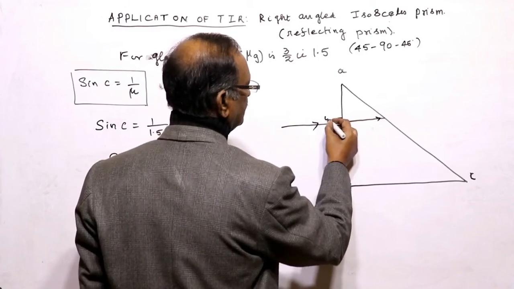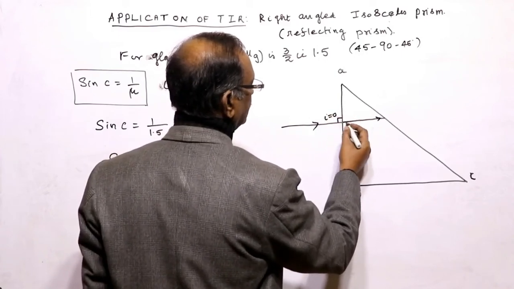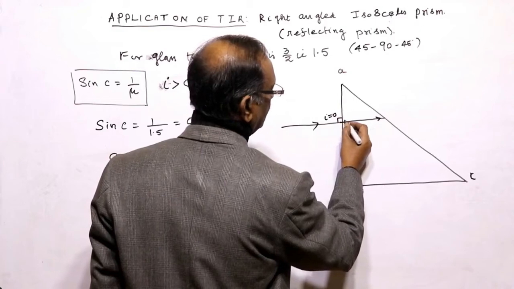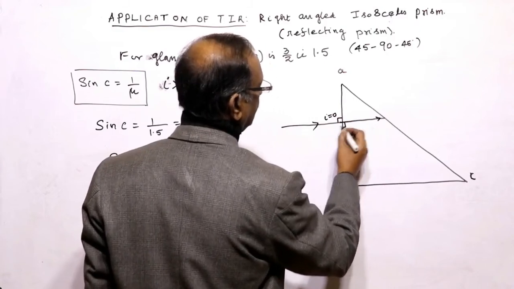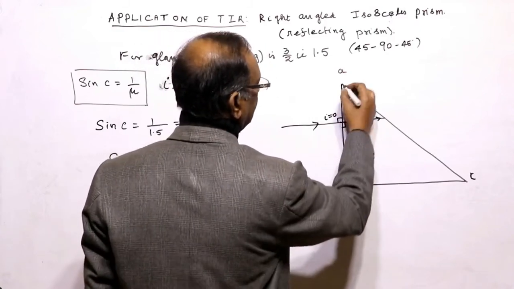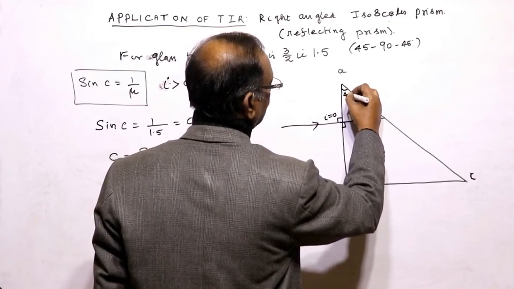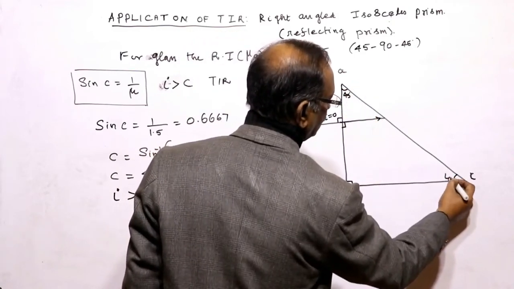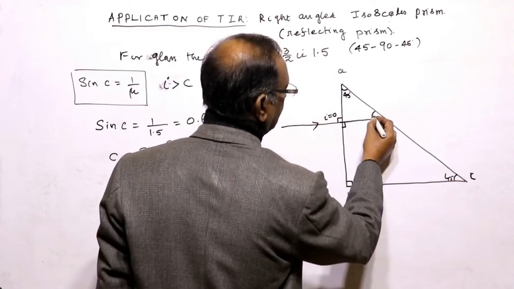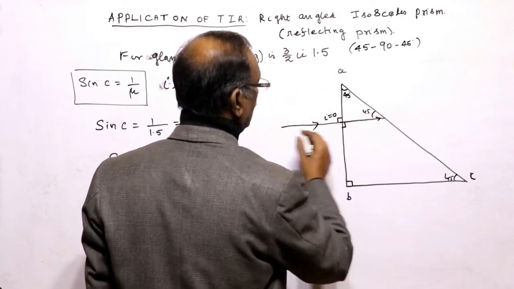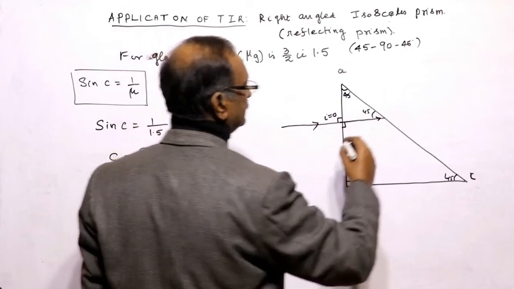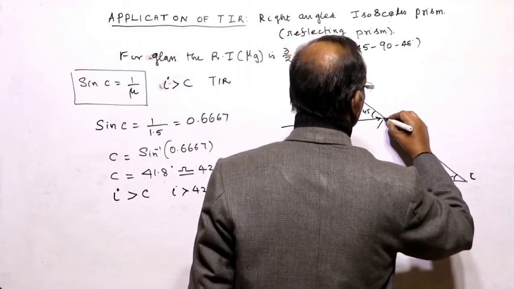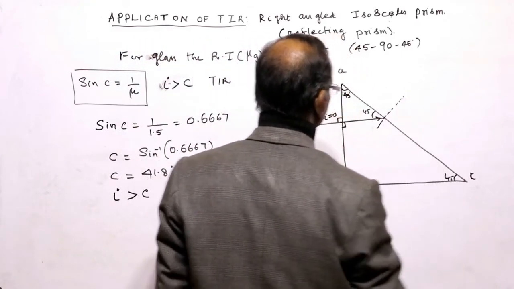So the angle of incidence at this face is equal to 0, and it goes undeviated. Here also it will be 90 degree. Since it is a right angle triangle with 90 degree and 45, the same angle will be here, and the ray goes undeviated.